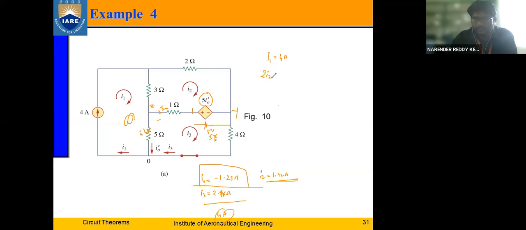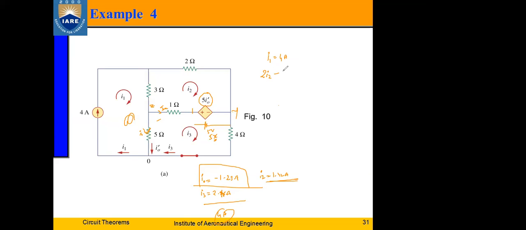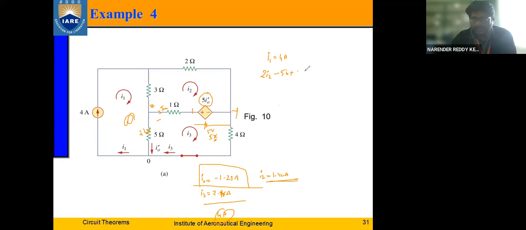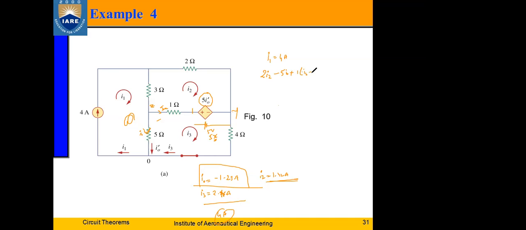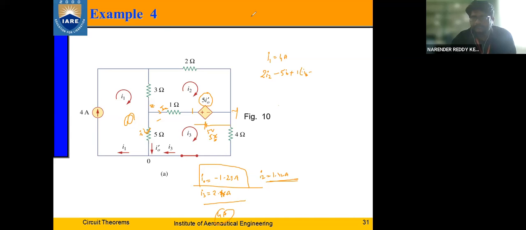I can write 2I2 minus... okay, what's the next one? 5I0 next, plus 1 into I2 minus I3, next plus 3 into I2 minus I1.